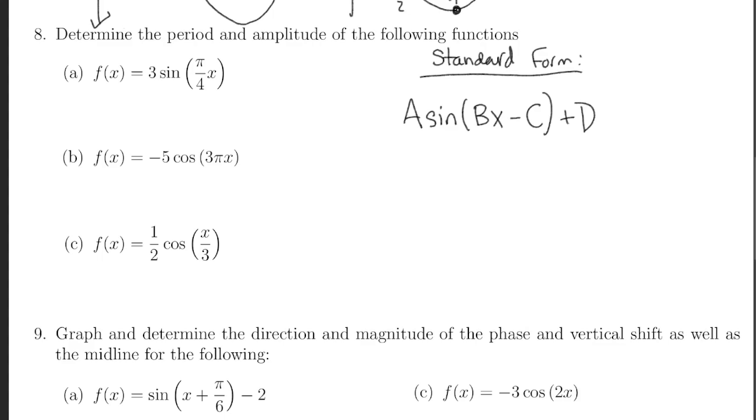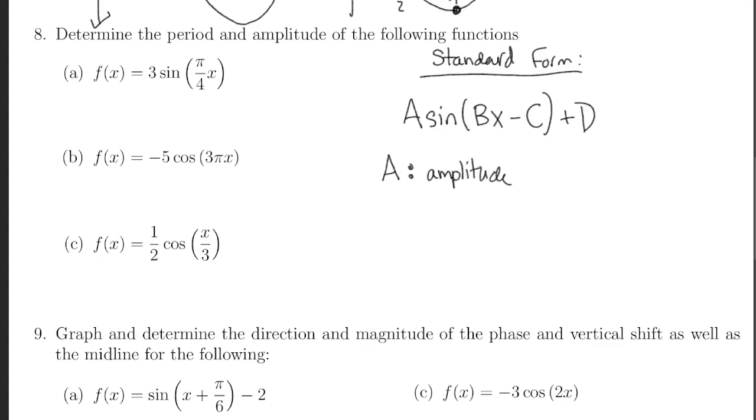So these numbers A, B, C, and D are all important numbers in terms of determining the properties of the graph of this function. Now, some of these have names, and some of them are not going to have direct names. So, for example, the A is known as the amplitude.